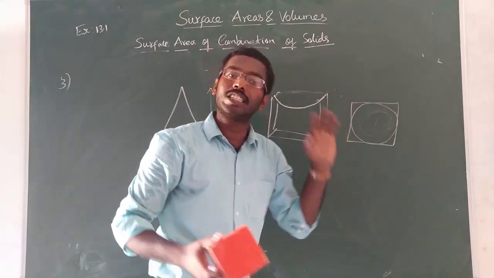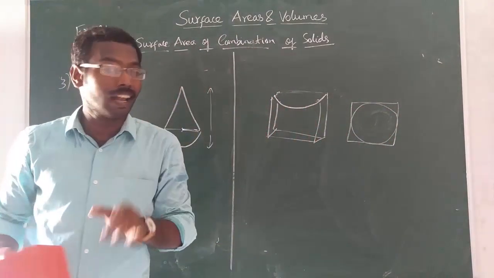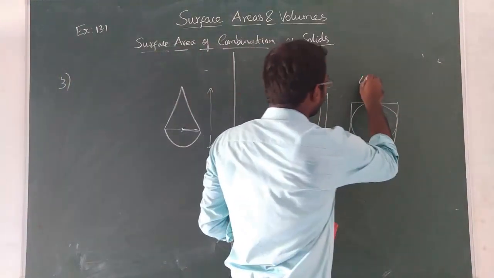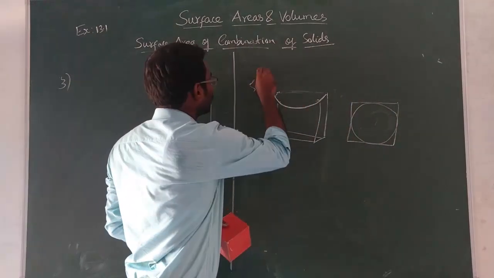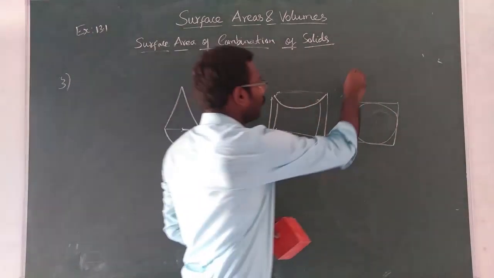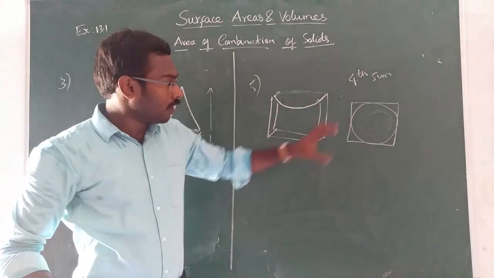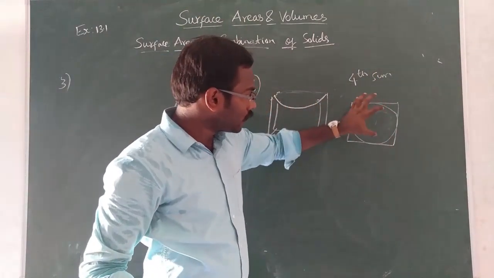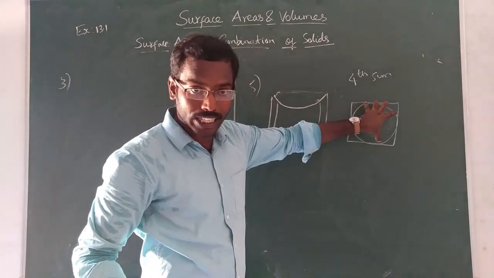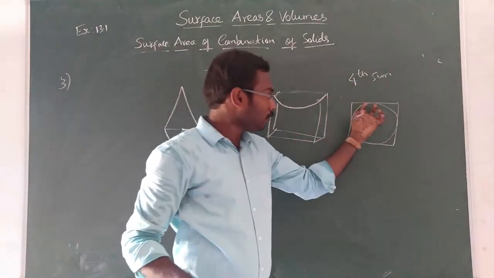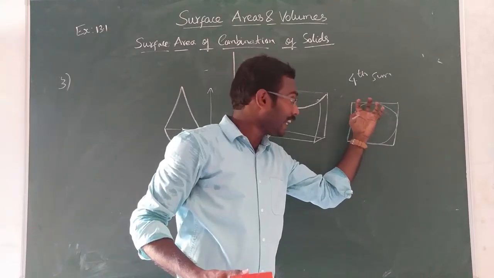The corners you have to add. This is actually the fifth sum, but the formula is almost the same as the fourth sum. The difference is that in the fourth sum, the hemisphere was visible outside, but here the hemisphere is inside like a depression.